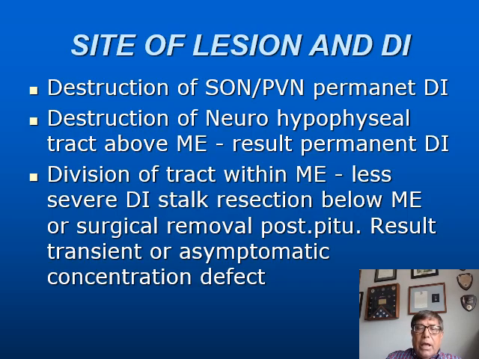Now, this is a board question. Usually we like to separate who makes it into the 85th, 90th percentile, but it is a very valid and justifiable board question. If you remember, if there is a destruction of the supraoptic and paraventricular nuclei, then the DI will be permanent, and that is a no-brainer because that's where they come from; they're synthesized there.